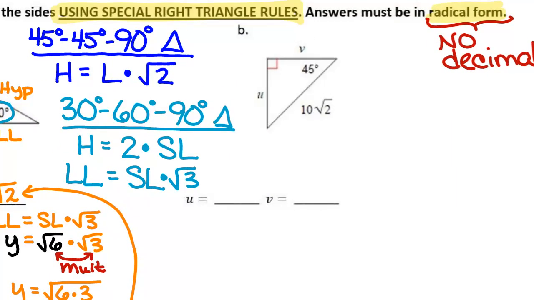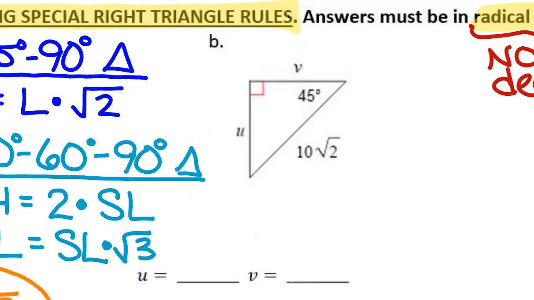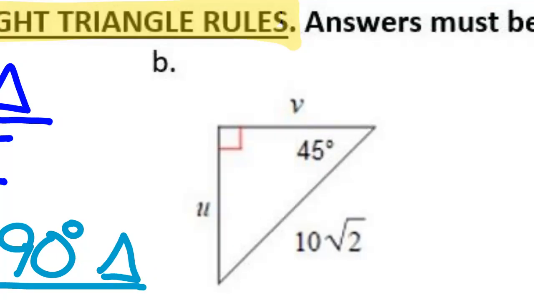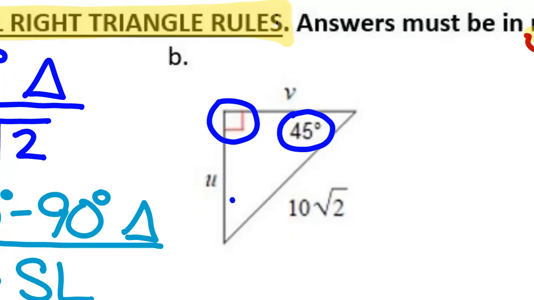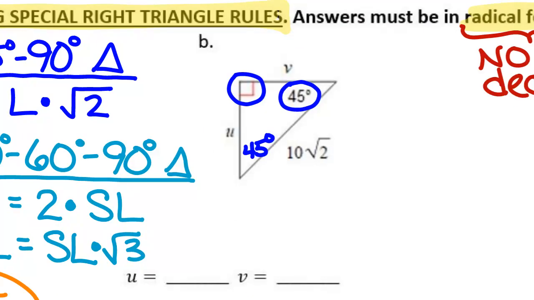Part B, what type of triangle do we have in part B? 45, 45, 90. Here's 45, here's 90. The triangle sum theorem tells me this other angle down here has to be 45 degrees. A 45, 45, 90 triangle has how many sides that are the same? 2.